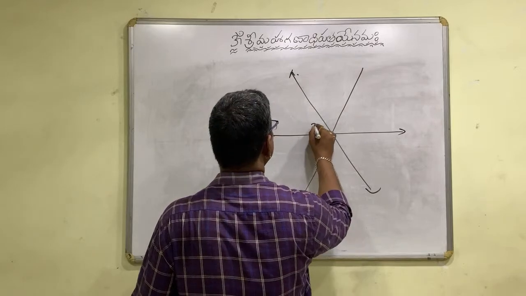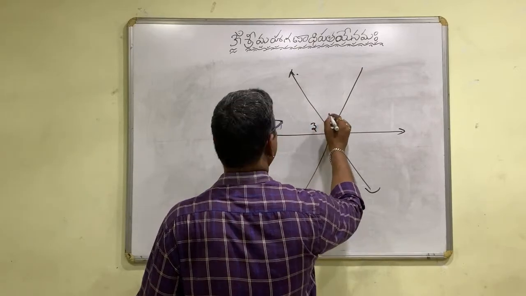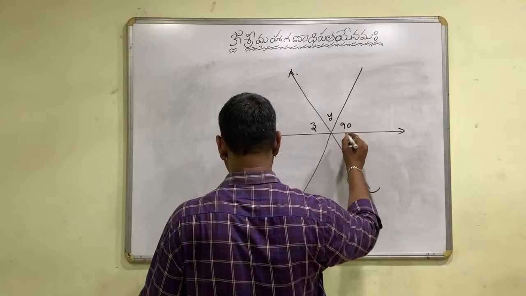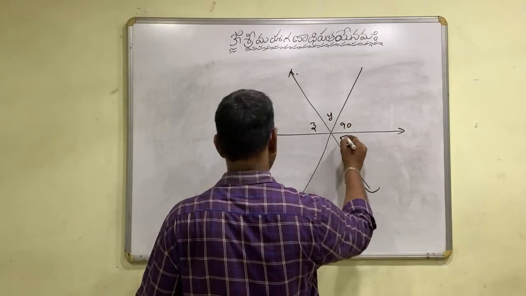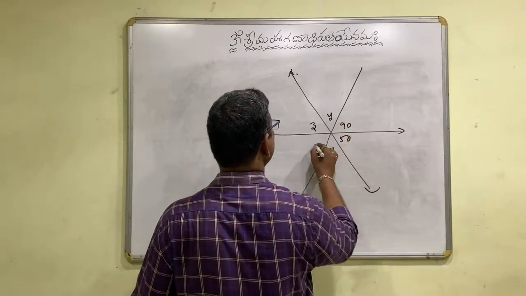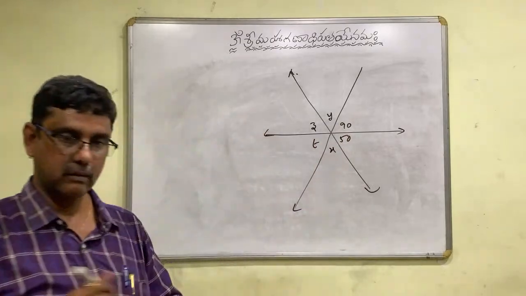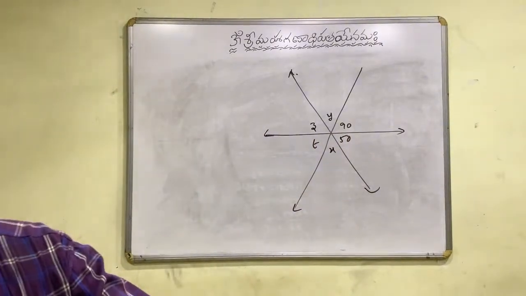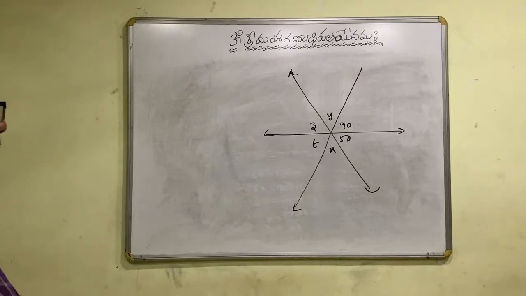Okay, this is Z, Y, 90, 50, X, T. We need to find out X, T, Z, Y. So can anyone say what is X, what is T, what is Z, what is Y? Anyone? This is an easy question.